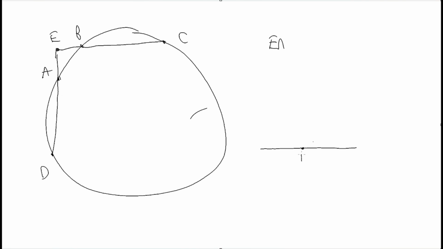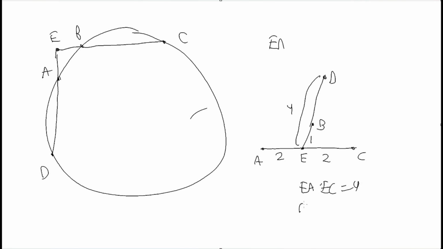Suppose that we have a point E here, and this is A, this is C, and this is B, and this is D. And this can be 2, 2, 1, and then this is 4. Then EA times EC is equal to 4, and so is EB times ED. However, these points are clearly not cyclic, so it seems like the power of a point converse is not true.